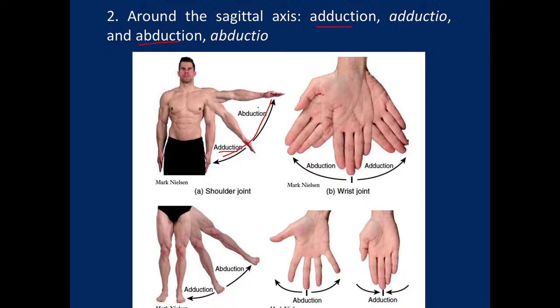Don't be confused, because it is very similar. Abduction and adduction are also possible in the wrist joint and in the hip joints and between the fingers.